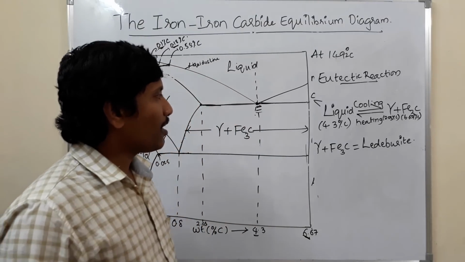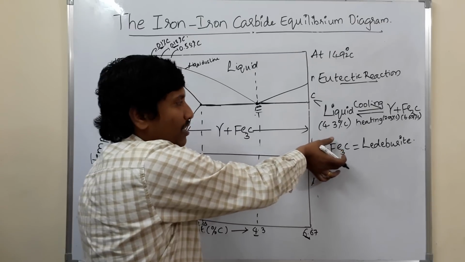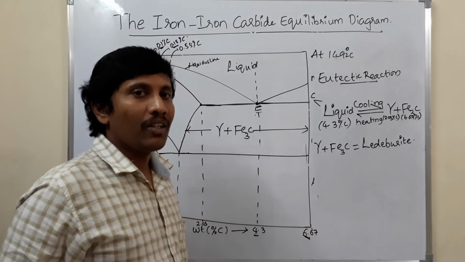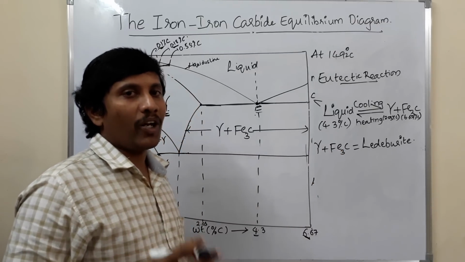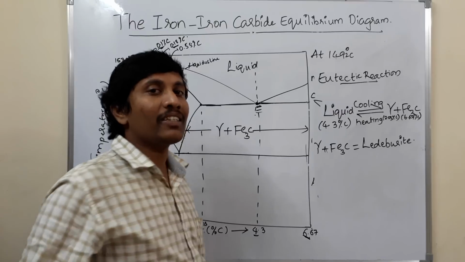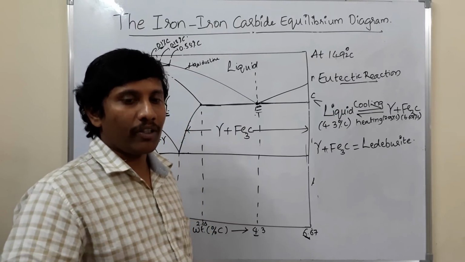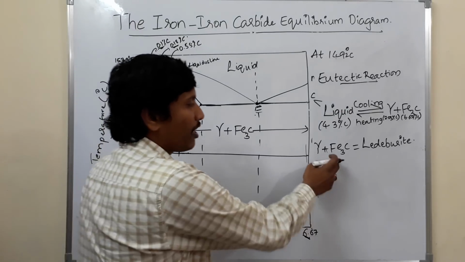Okay, so these are the solid phases which are forming. But you cannot see these solid phases in the microstructure. Why?